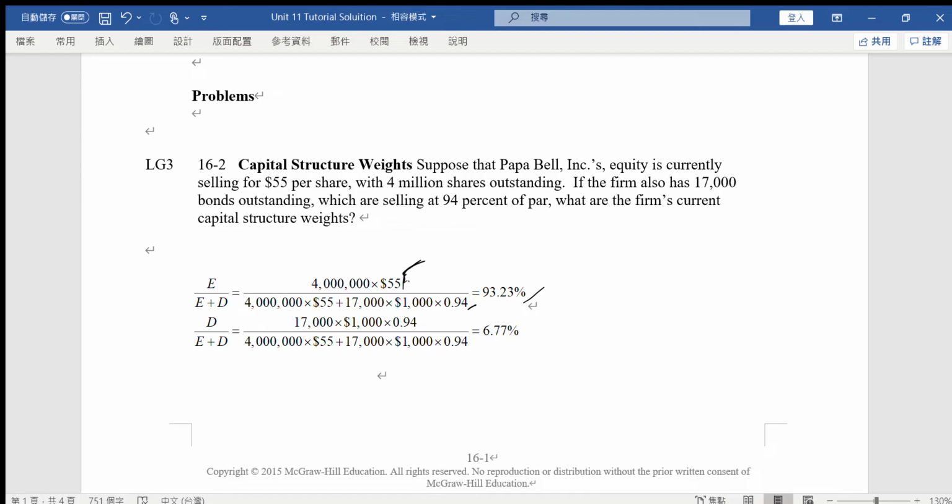The other way is so simple: using 1 minus 93.23%, you can work out 6.77%, because there are just two components. That's why the remaining should be the debt portion. Or else you can work out the amount of the bond value over the total capital value of the company. It also gives you 6.77%.